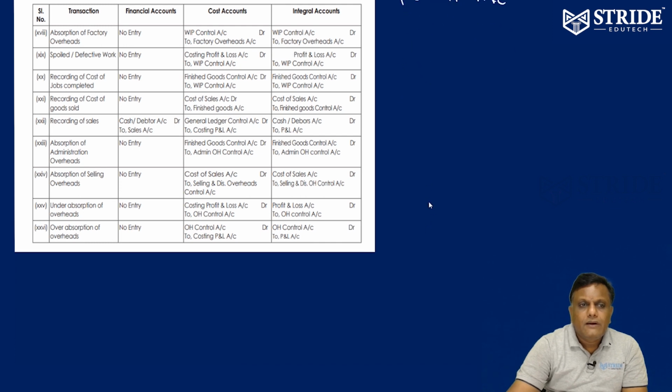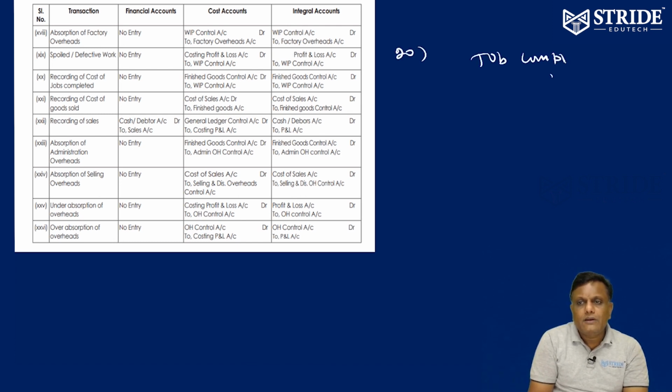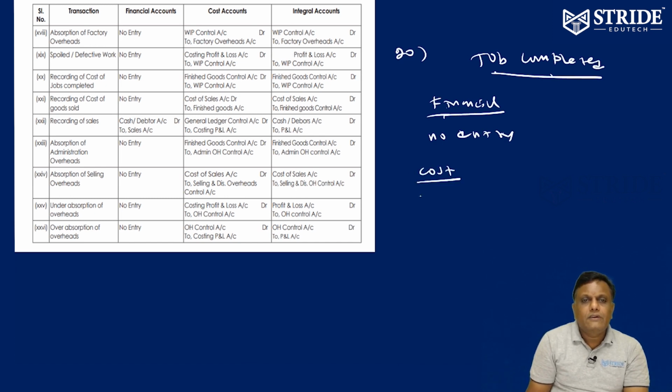Number 20, recording of cost of jobs. Now the job is completed. So, transaction number 20, now job completed. So, in financial, there is no entry. But in cost, now the goods are ready, available for sale. Before becoming available for sale, it goes to stock.